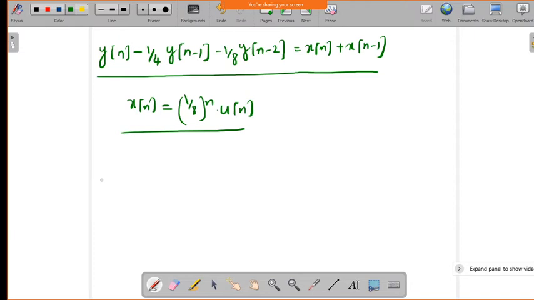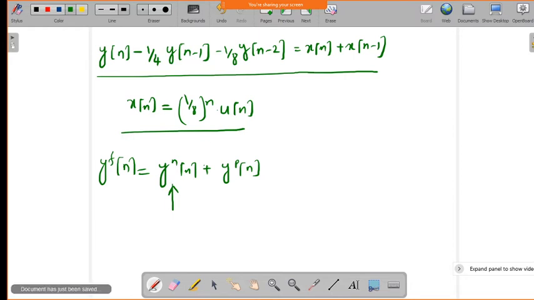First you need to find the forced response in the form yn of n plus yp of n. To find the natural response, take the input as 0. You already know how to find it, so try to find yn of n.